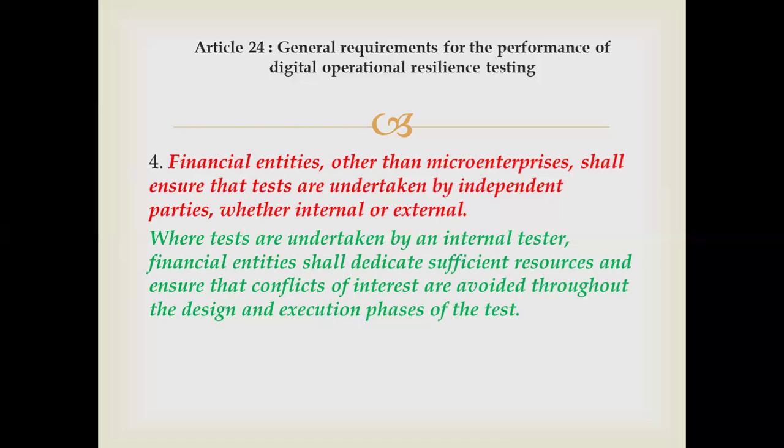We've had situations in many organizations where internal testing is done by information security, and information security is reporting to the head of IT. And so it becomes a challenge for the testers in information security, because their findings might not sit well with the head of IT that they are reporting to. So the organizational structure of the organization, the reporting lines, is very important, and that's what Article 24, paragraph 4 is emphasizing, especially for the internal testers.